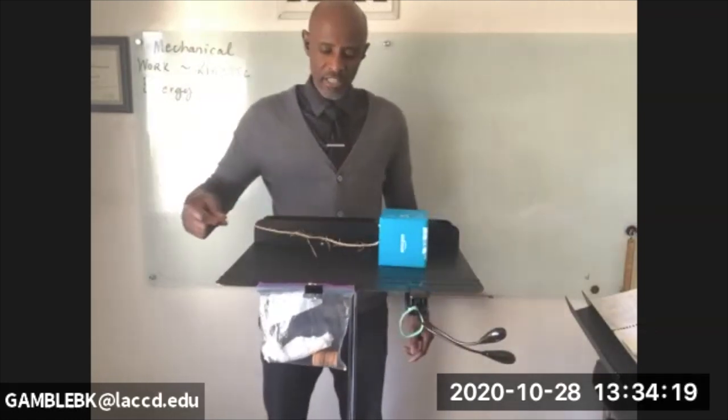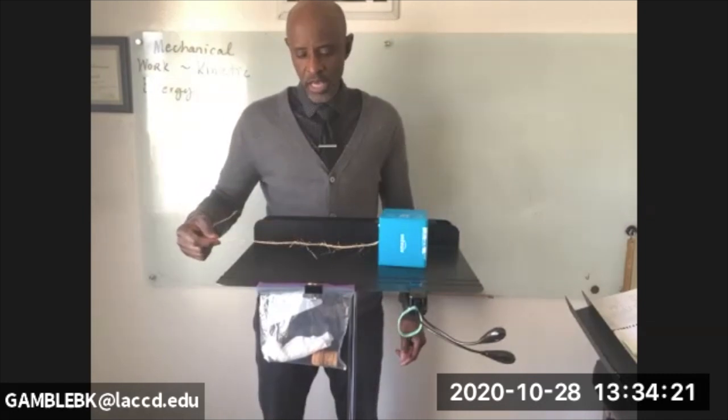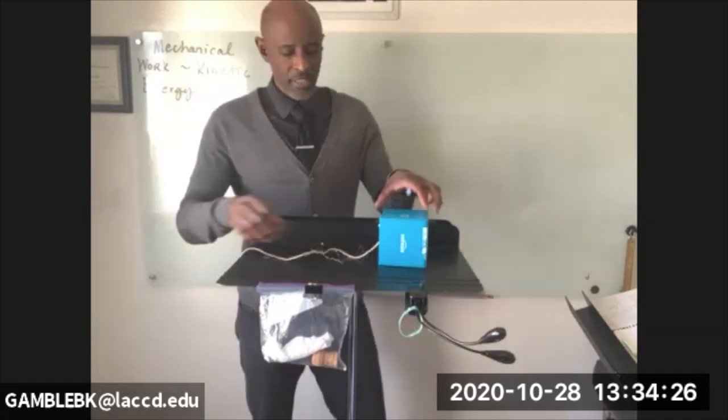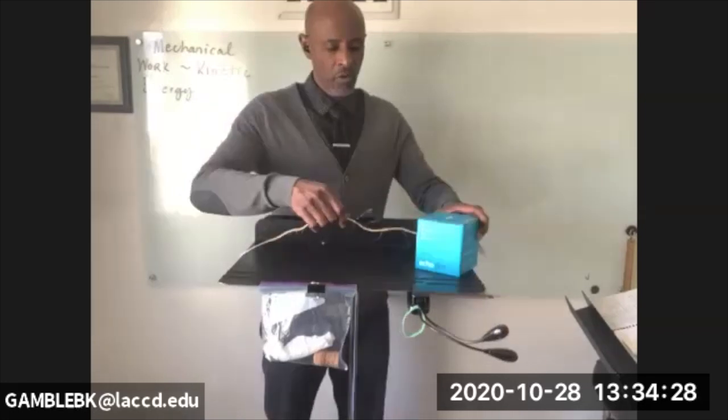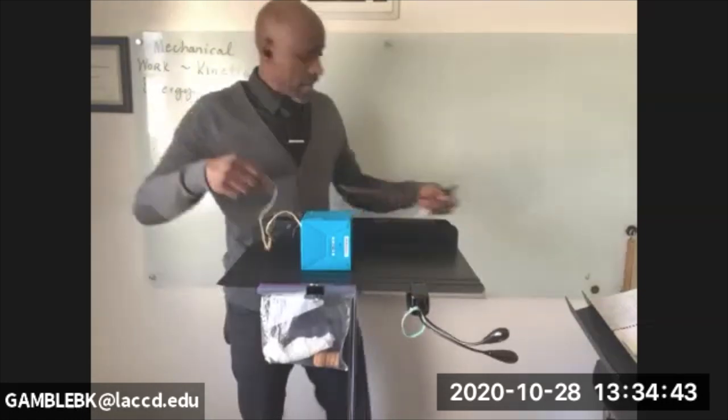As I pull along at a constant speed, now here I have it as horizontal, but just to emphasize the general definition of work, I'm going to pull it with the tension force at an angle relative to the horizontal, right? As I pull along.